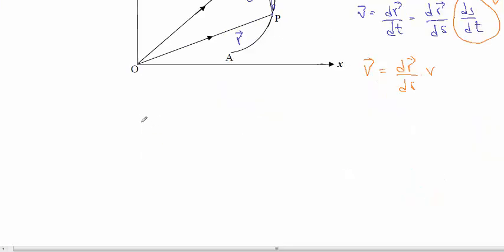Now as we know that instantaneous rate of change of displacement, when we write it as dr by dt, तो इसको हम लिख सकते हैं कि limit del t approaches to 0, change in displacement and change in time.